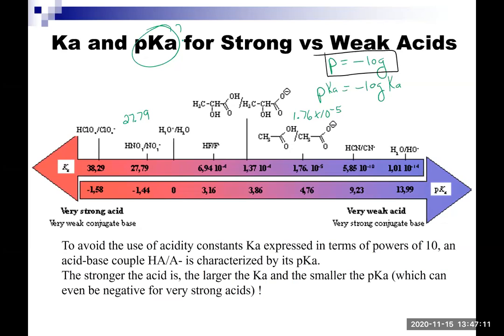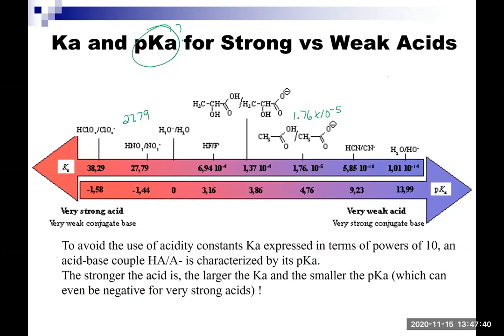If we have tables and tables of data with weak acids or weak bases, then we're going to be looking at a lot of data that has a lot of exponents that are highly negative. And it's much easier to look at a table of data that just has numerical values that don't have these huge or very small exponents associated with them.